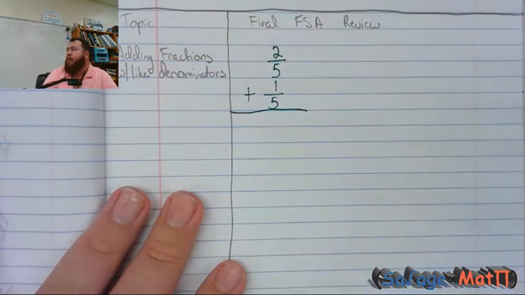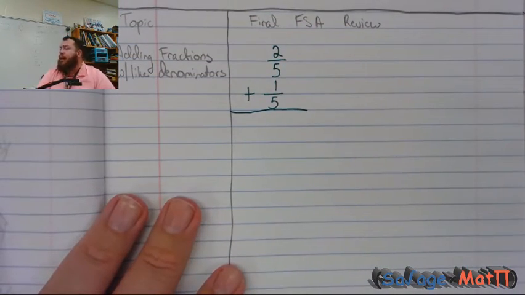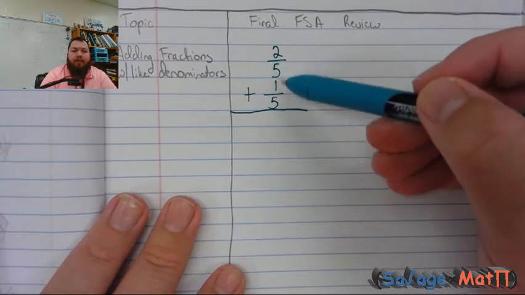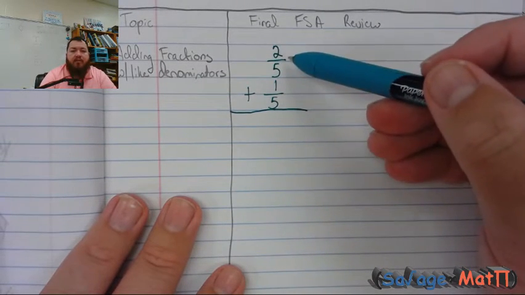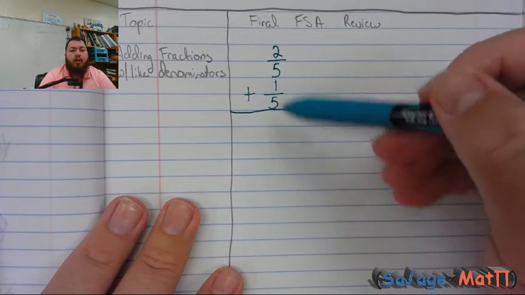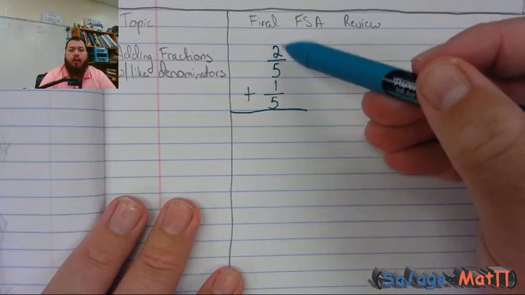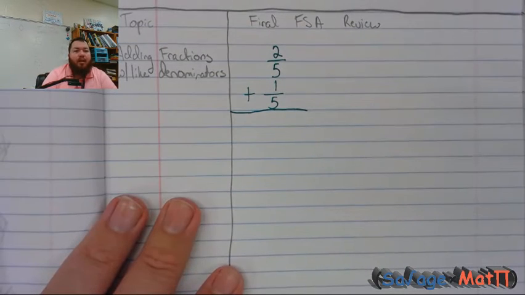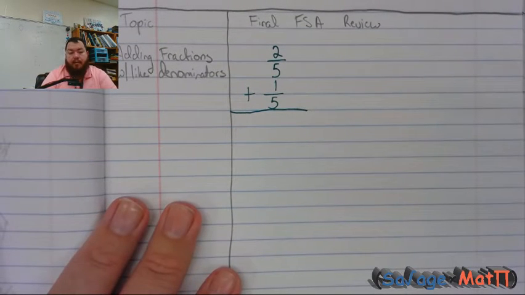Whenever we're adding and subtracting fractions, we always want to write it vertical, up and down, even if it's not written this way in the problem or in our book, because that's going to help us if we have to change the denominator.